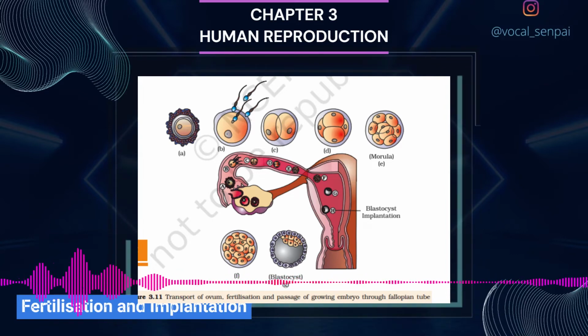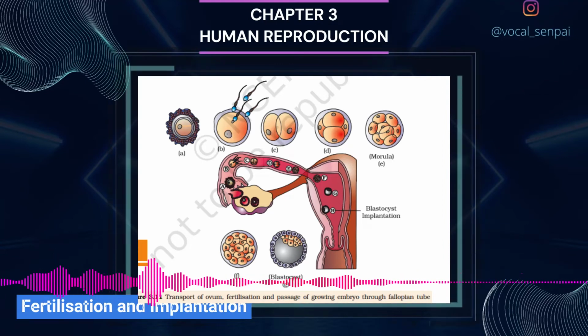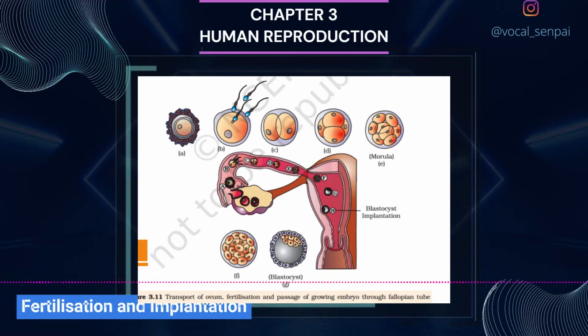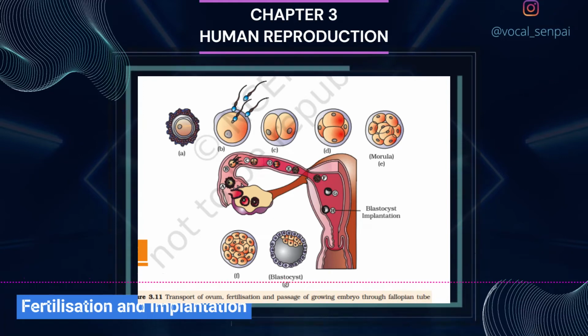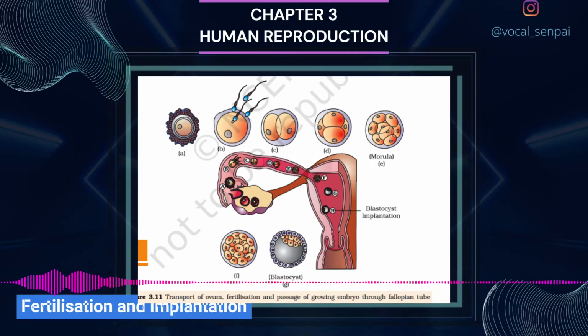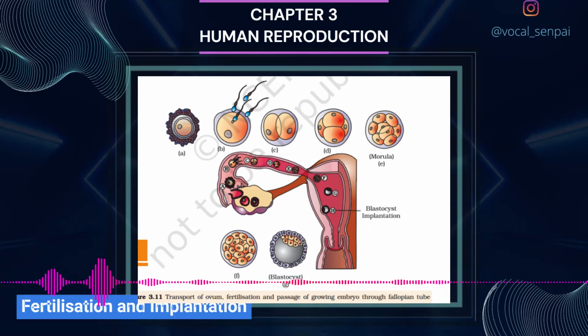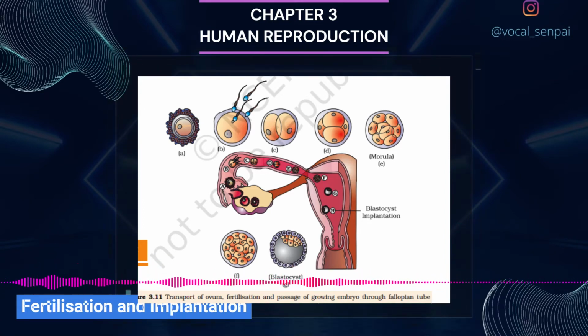The morula continues to divide and transforms into a blastocyst, figure 3.11g, as it moves further into the uterus. The blastomeres in the blastocyst are arranged into an outer layer called trophoblast and an inner group of cells attached to trophoblast called the inner cell mass.